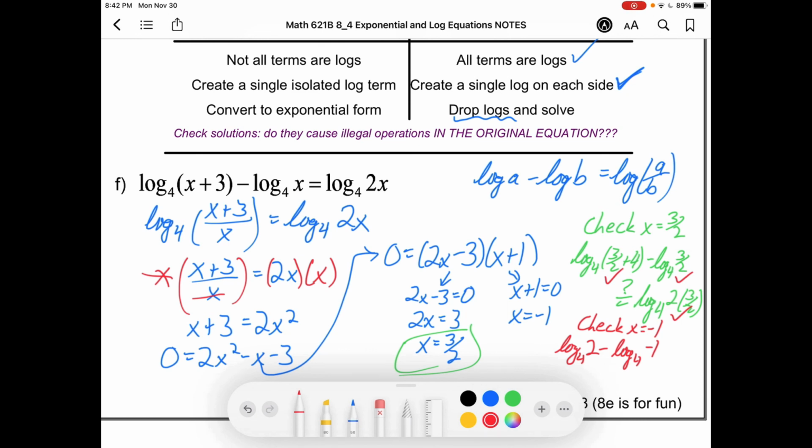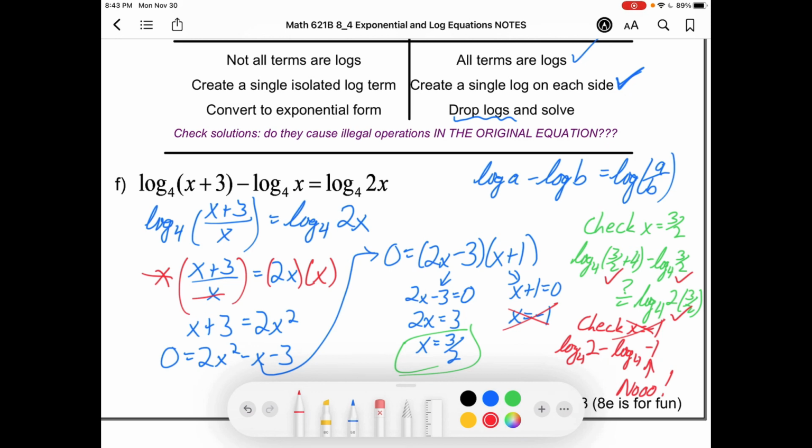Oh dear, that is not a thing. No. Can't take the log of a negative number. Therefore, this is not part of the solution set, the negative 1. And the only answer is positive 3 over 2. Again, there are alternate approaches you could take for doing this, but I think it's fairly straightforward to just use the quotient law.